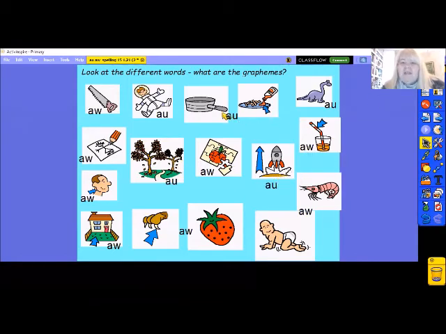Launch and sauce and saucepan and autumn and astronaut all have the AU spelling, the grapheme AU. Have a go at spelling all of those words for me. It will take you a little while, but try it. It's really a good idea to sort them into the two groups as well. Then stop the video and have a go at that.